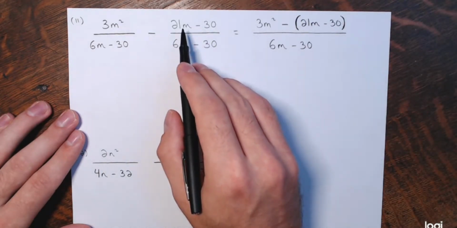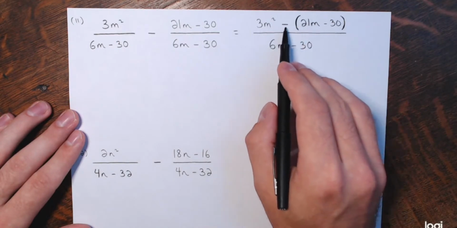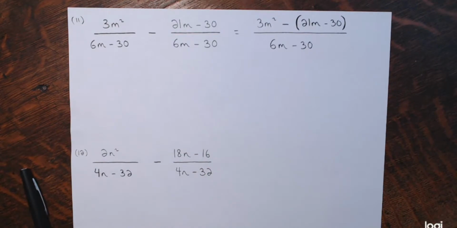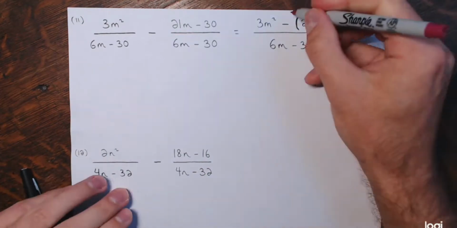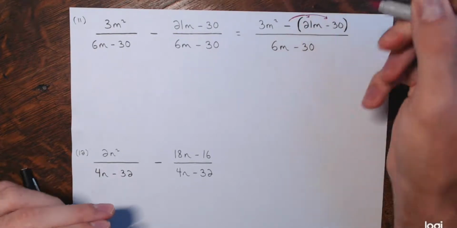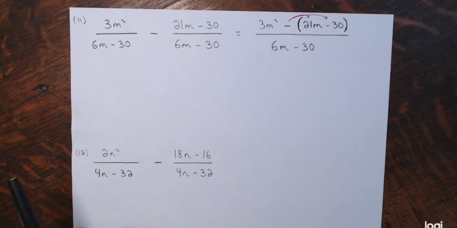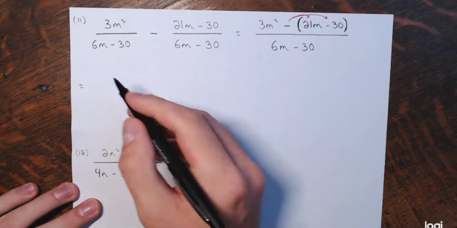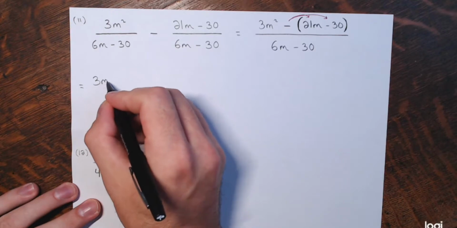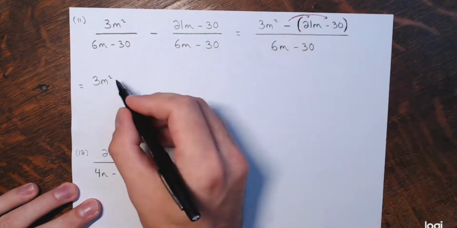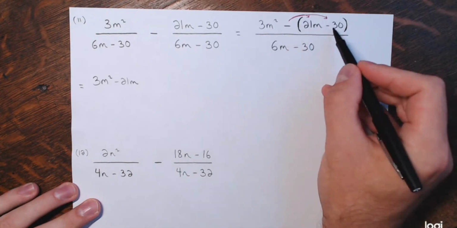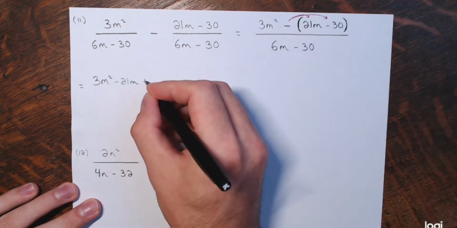I hope that's clear. So what we're going to have to do here, when we're subtracting something with multiple terms, you're going to be distributing the negative, subtracting every single term of that expression. So that'll add one more step here. So in the numerator of this new fraction, we have 3m squared minus 21m, minus that first term, but also minus negative 30, which will be plus 30.